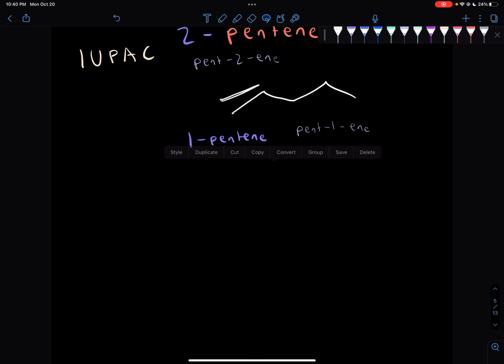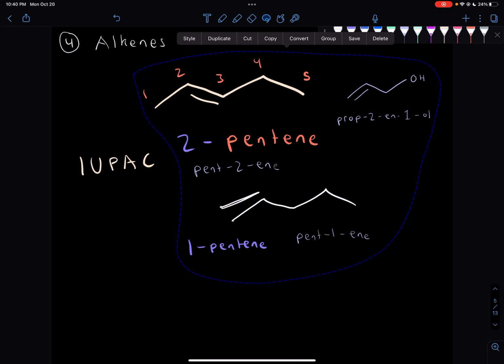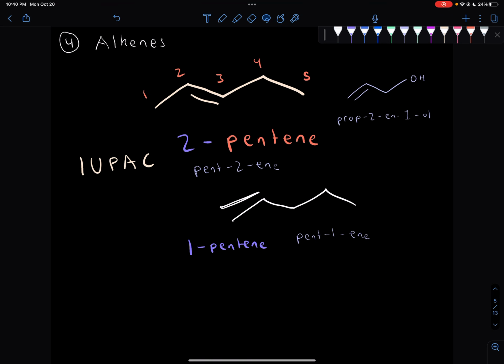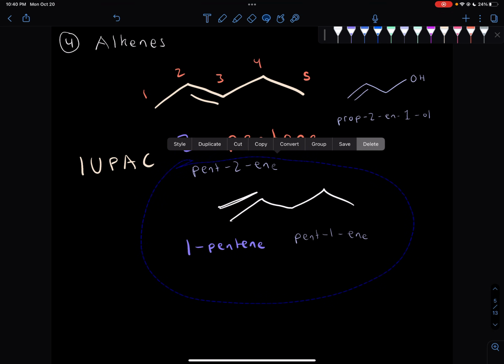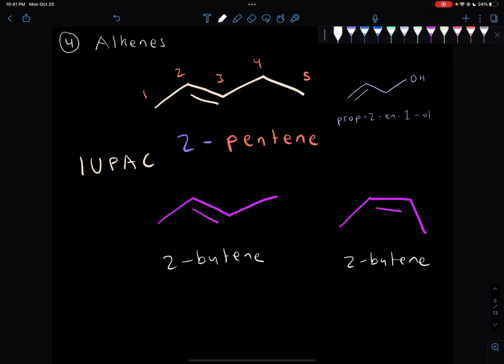Let's get rid of this. Now I have something else that I want to ask. Both of these are 2-butenes, but they are not the same thing. They are not the exact same thing.